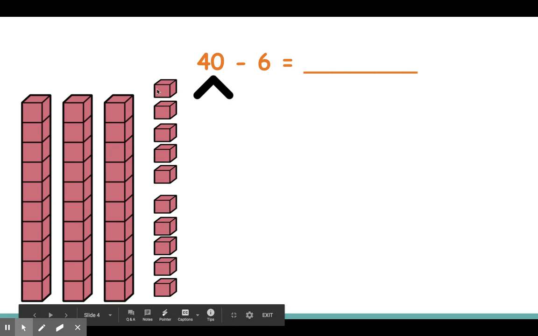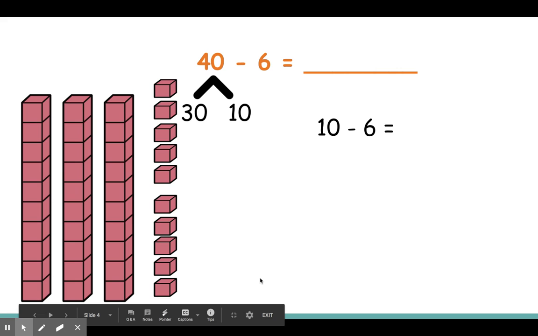Remember, that last group of 10, it still has the value of 10, but we've broken it into its individual 1 units, but there are still 10 there. So 40 can be represented as 30, which is represented over here in all of our 10 sticks that are still together, 10, 20, 30, and 10, our group of 10 that we broke apart into individual 1 units.